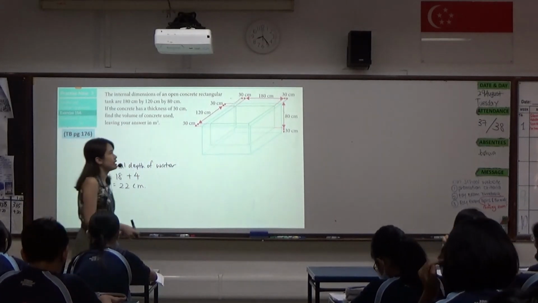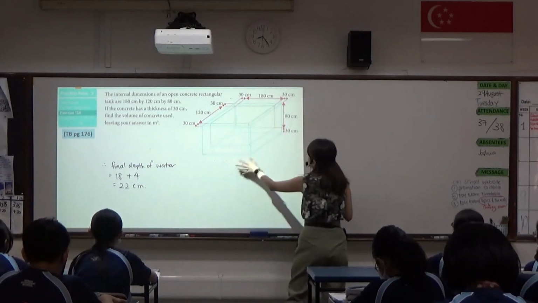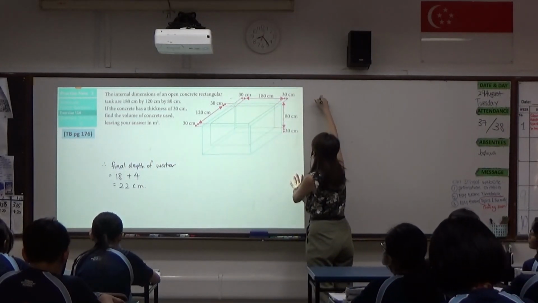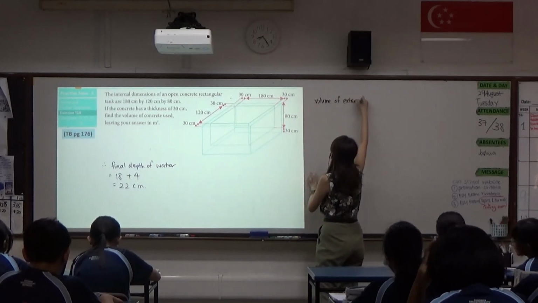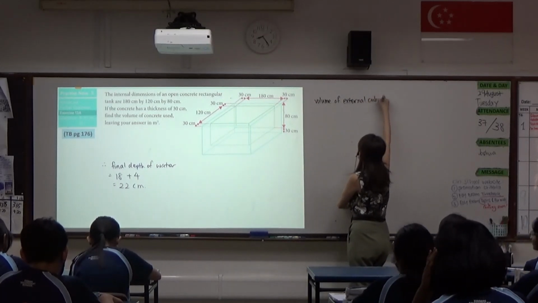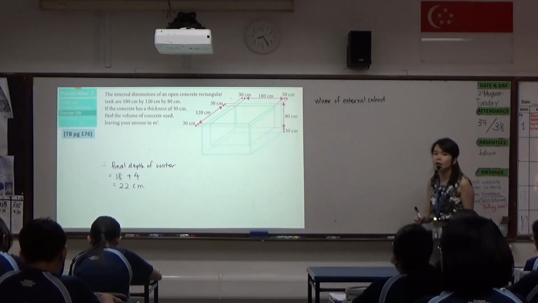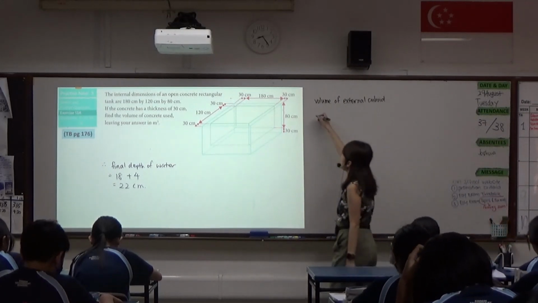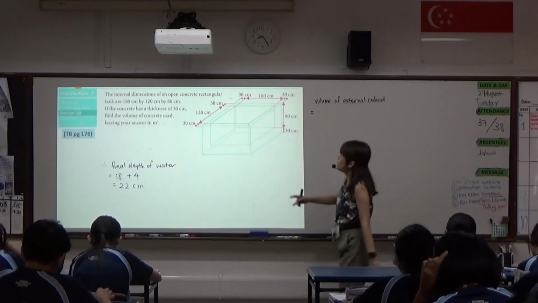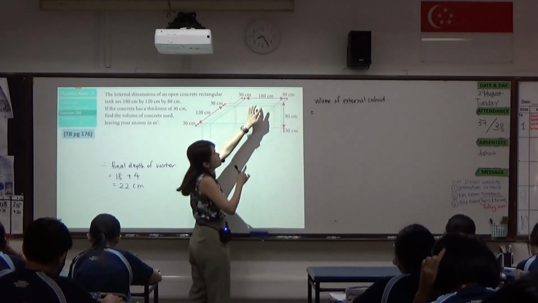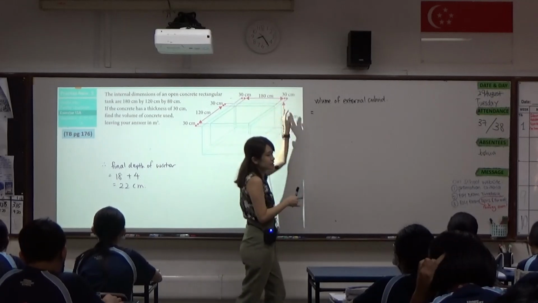So to find the volume of the bigger cuboid, I'll call it the volume of external cuboid. That will be length times breadth times height. That's our formula. So our length over here is 180 plus 30 plus 30.